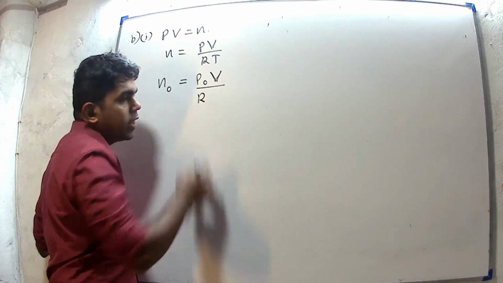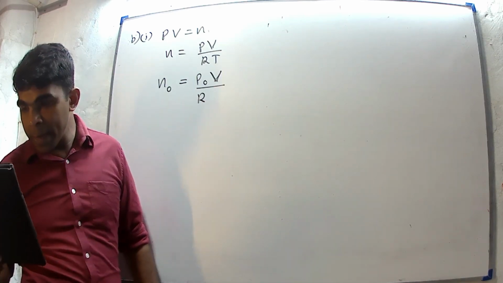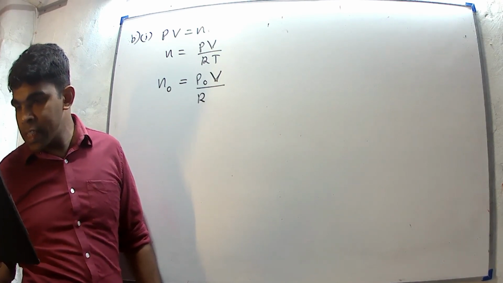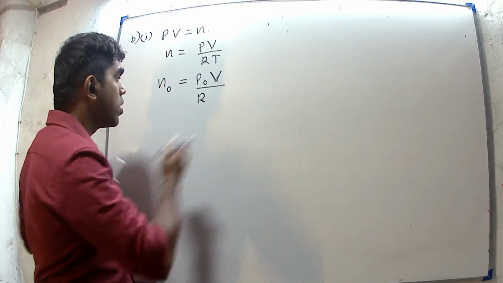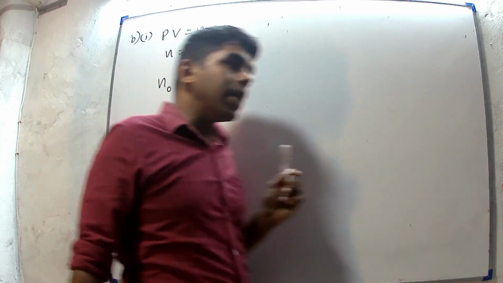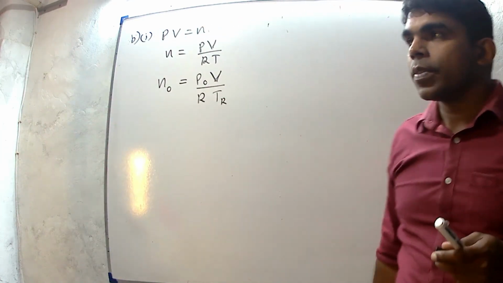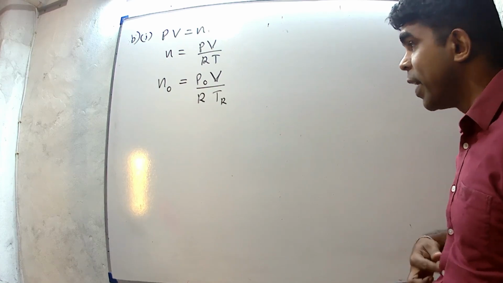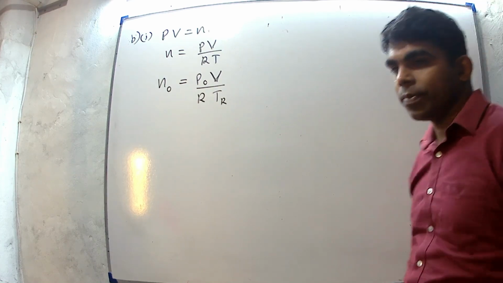R is constant. The room temperature is given as TR, so we use room temperature as the temperature of the gas inside the tire.